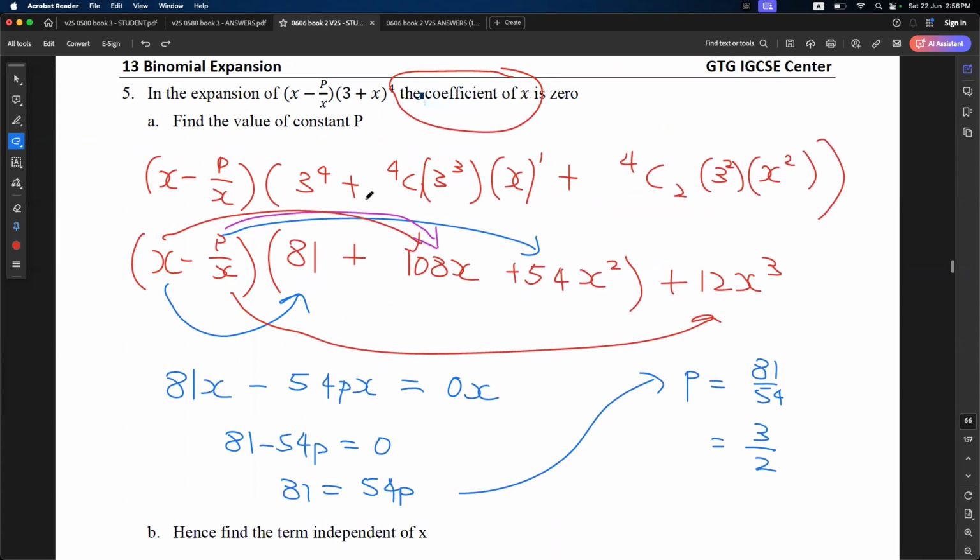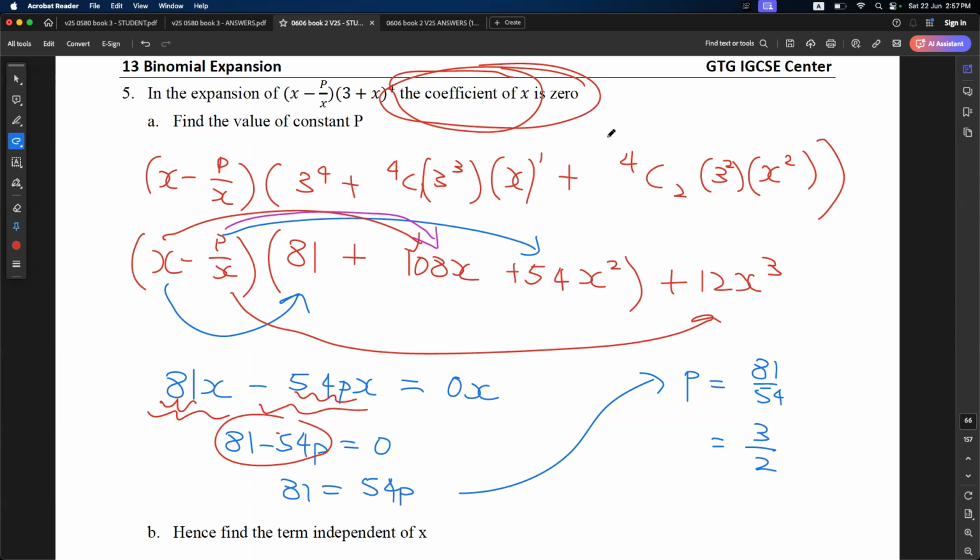Then this times this is 54px. Both values are coefficients of x, and they must simplify to equal 0. They have to add or subtract to become 0. That is our equation: 81 from here, 54p from here, 81 minus 54p equals 0, as given by the question.